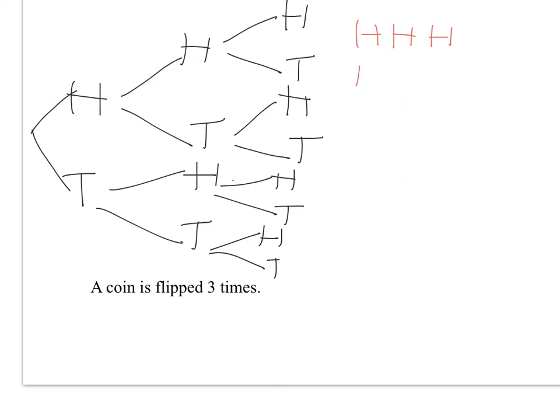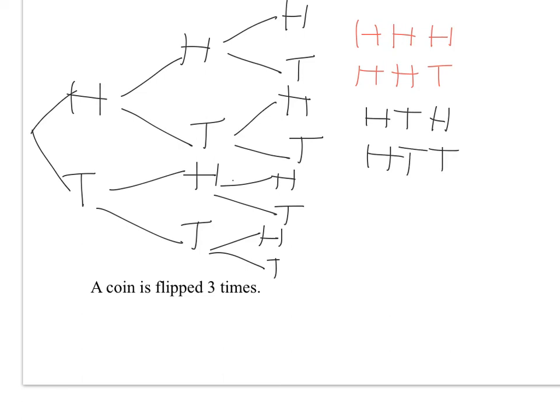So I write down head, head, tail. My next one is head, tail, head. There's no reason why I changed colour, I'm sorry, I don't know why I did that. And then you got head, tail, tail. So you write down head, tail, tail.